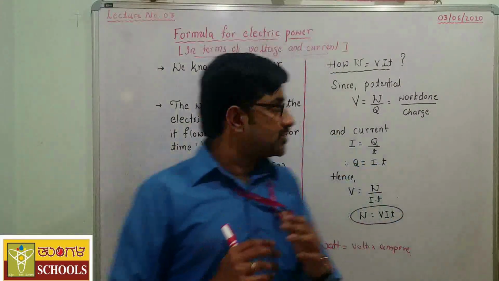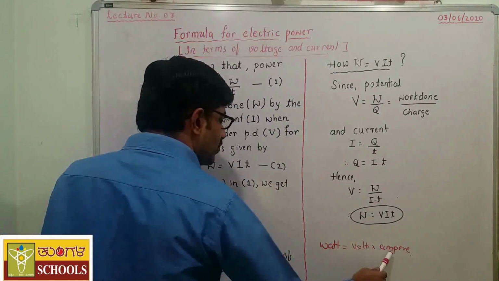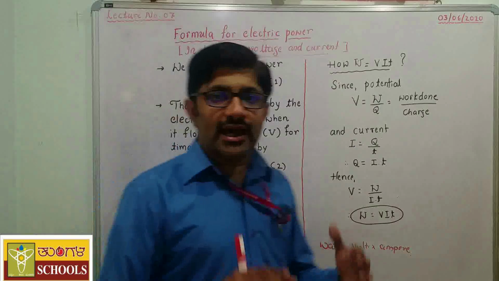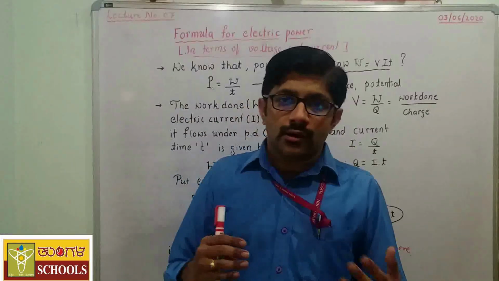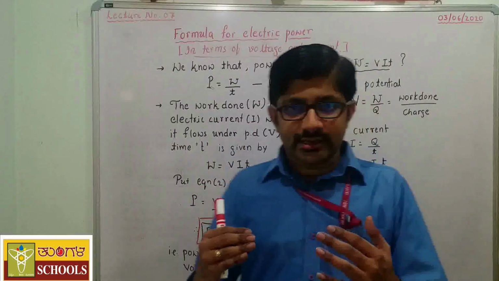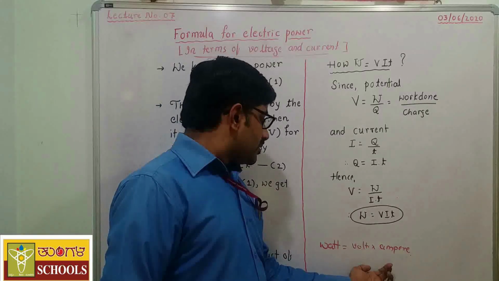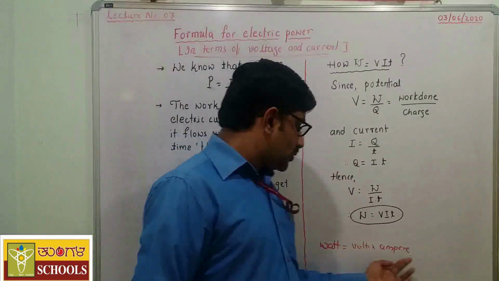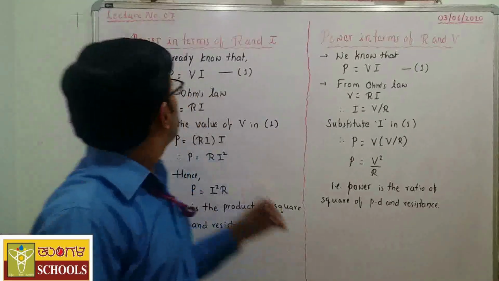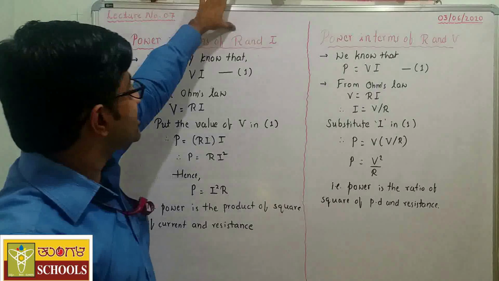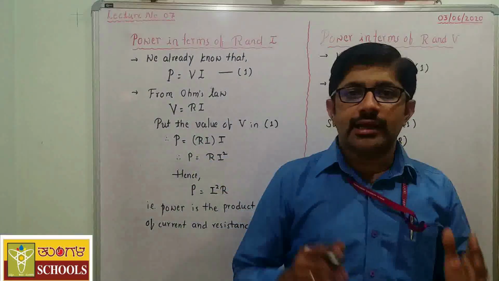Note that volt into ampere is also written as watt, as we already know that power is measured in watt. Let's move on to power in terms of resistance and current, and power in terms of resistance and voltage.